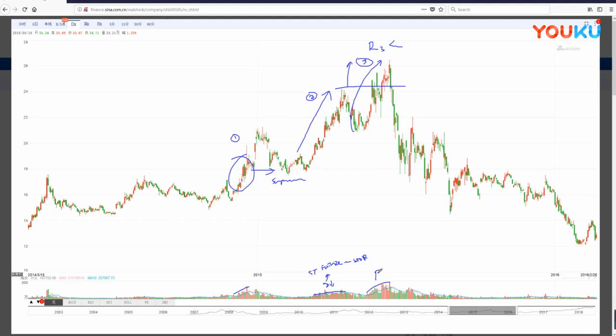And at the same time, the effort on this rally is increasing. So we have a lot of effort to push the price up, and yet the result is not as great. That suggests the emergence of supply, and that suggests that we could have a distribution on the way up.